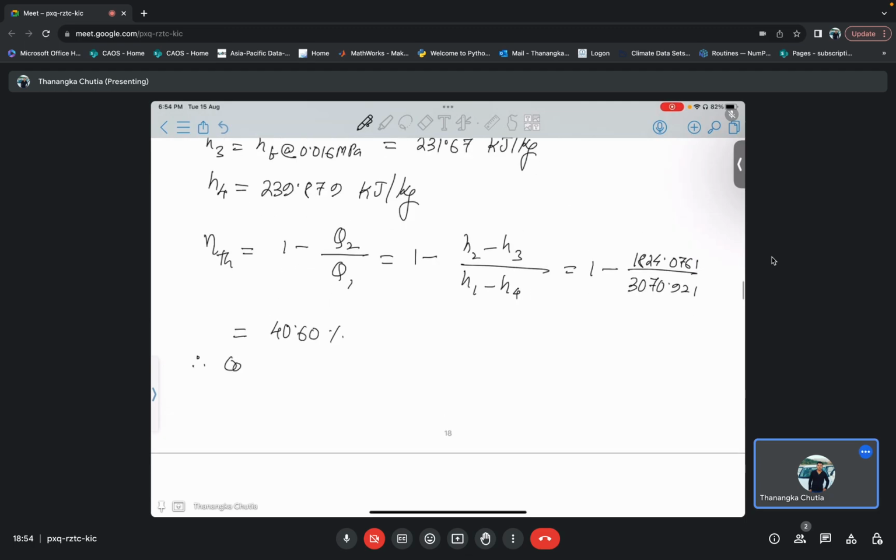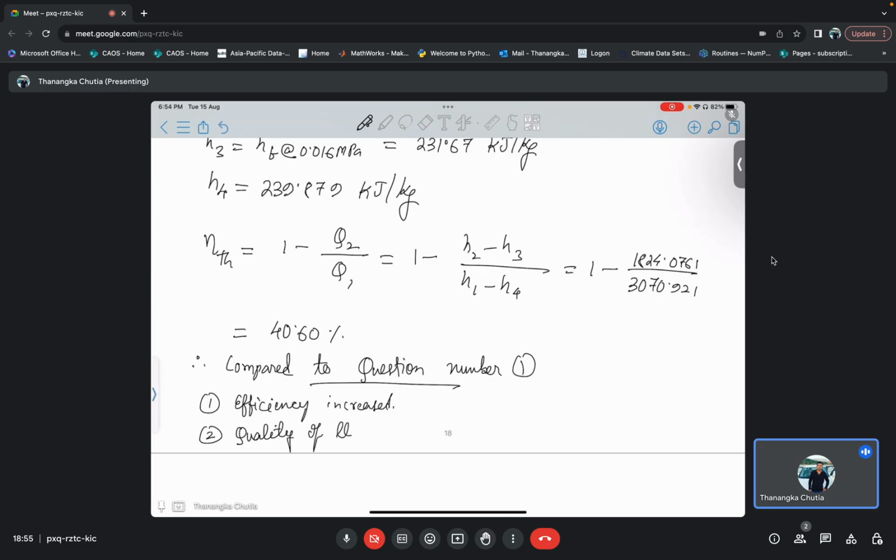So therefore, compared to question number 1, efficiency increased, but the problem is that the quality of the steam at the turbine exit is decreased.